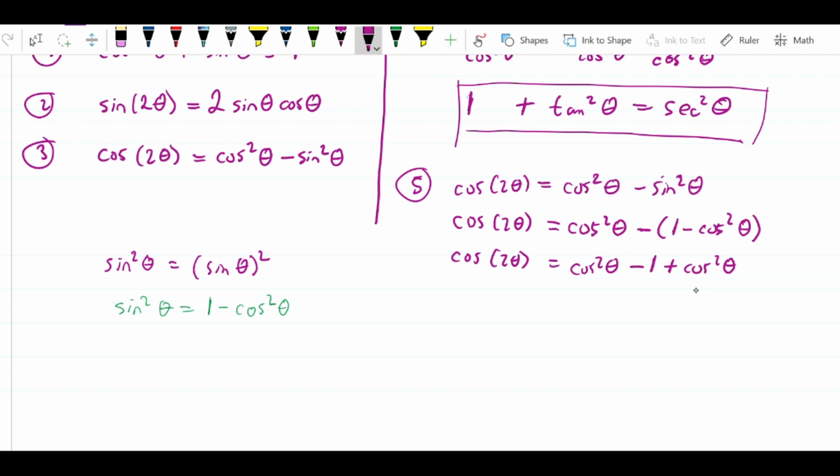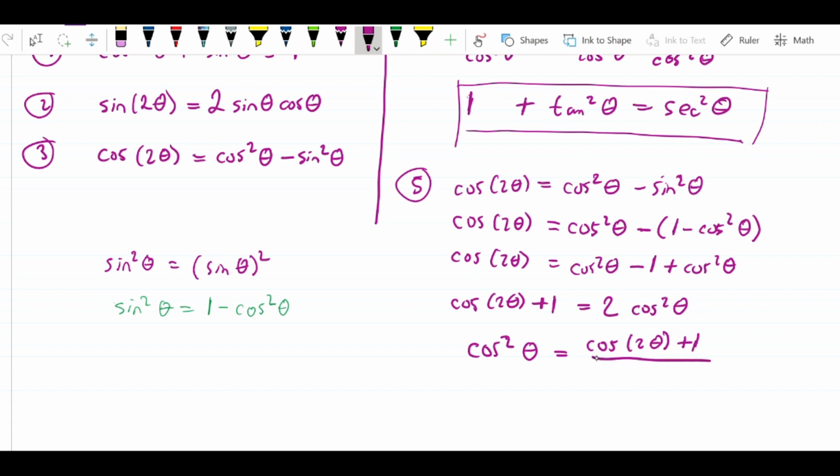So what this gives me is, if I move the 1 over to the left side of the equation and combine the two cosines, cosine of 2 theta plus 1 is equal to 2 cosine squared theta. That allows me, if I switch the sides of the equation and divide by 2, to get cosine squared theta equals cosine of 2 theta plus 1 over 2.